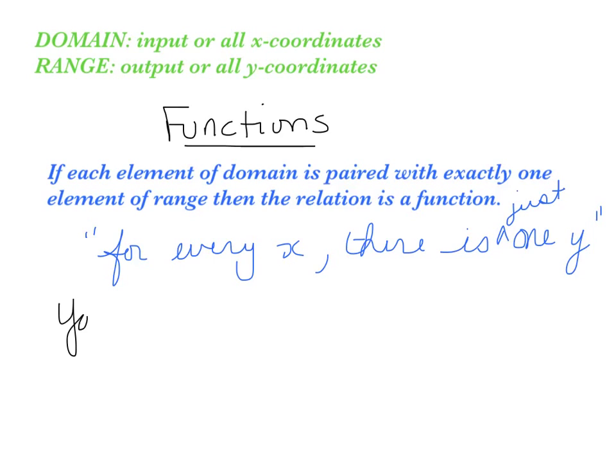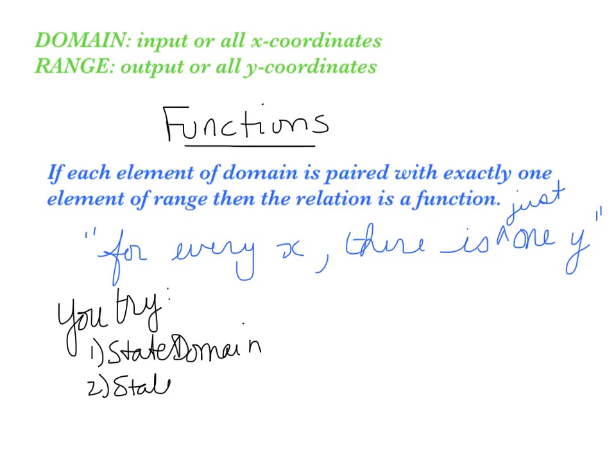Okay, so you try this one. I'm going to give you a relation, and you're going to answer 3 questions. You're going to state the domain. You're going to state the range. And then you're going to tell us, is it a function or not? Or maybe it's just a relation.